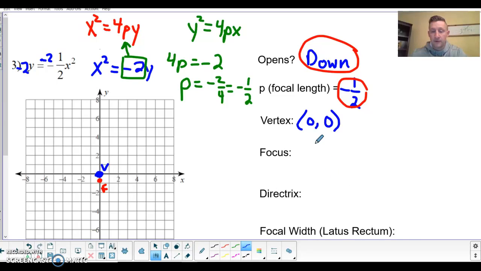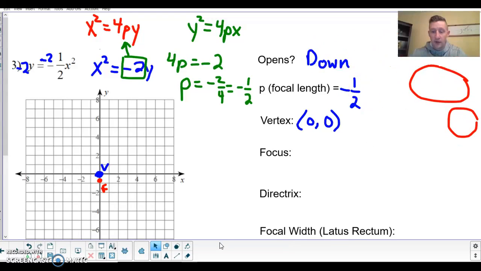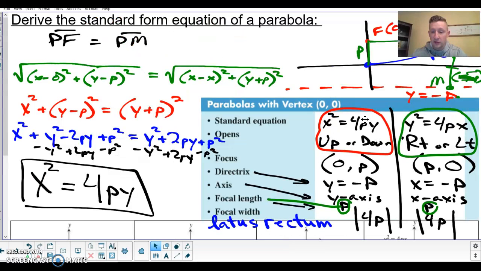Okay, so labeling the coordinates of the focus. Here it just takes a little bit of thought. What would be the xy coordinates that you would assign to that point right there? Could you refer to this table that tells you, hey, if it's an x squared parabola, the focus is going to be at 0, p, whatever p happens to be?